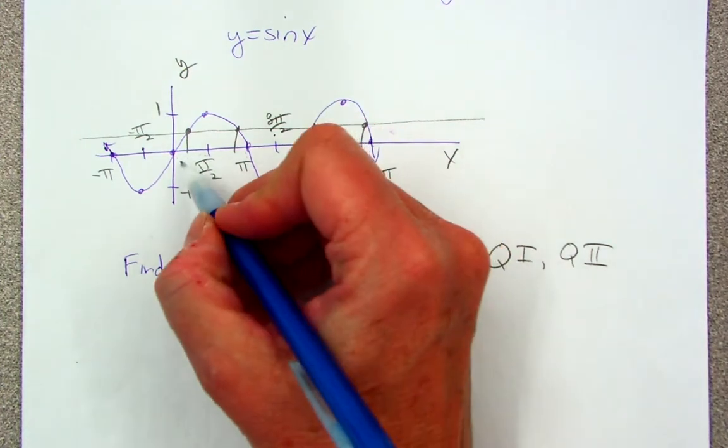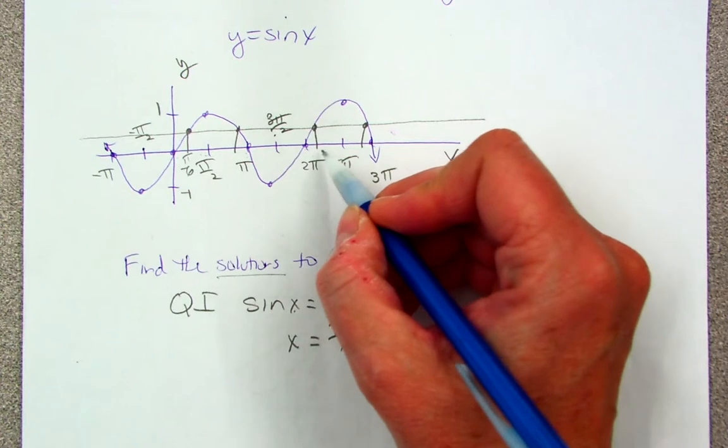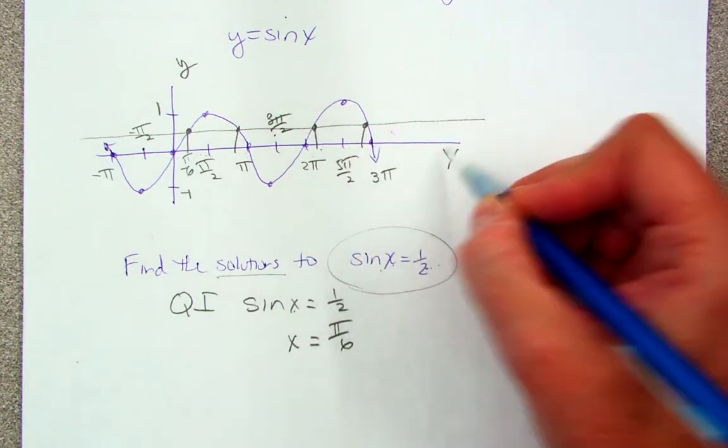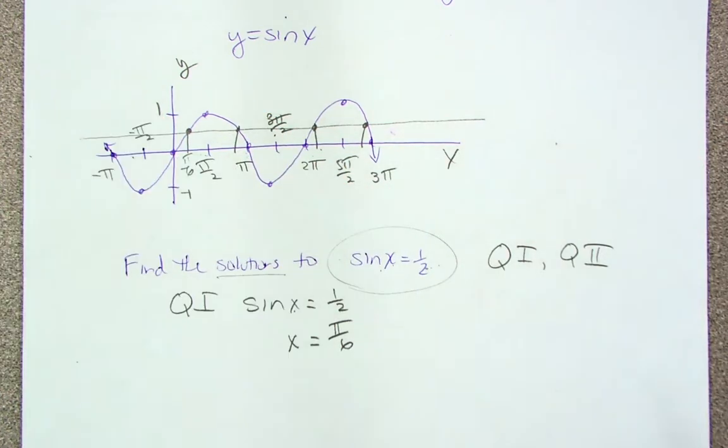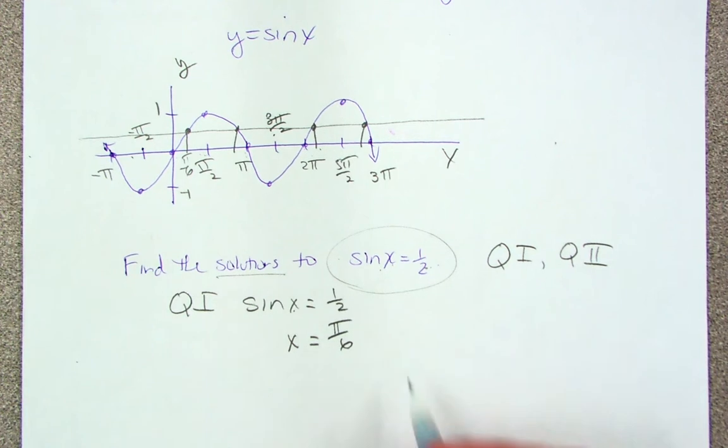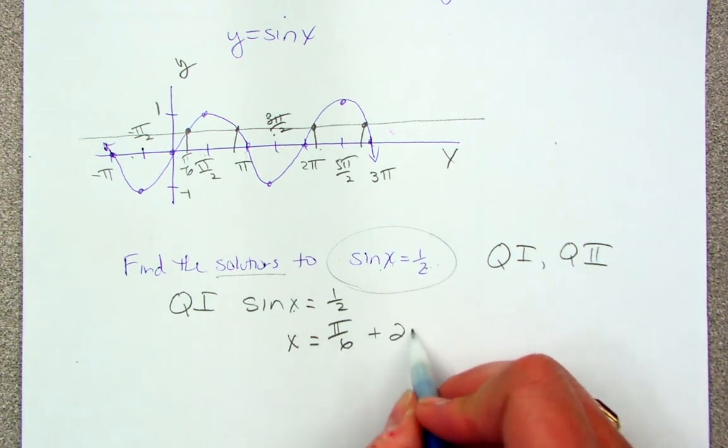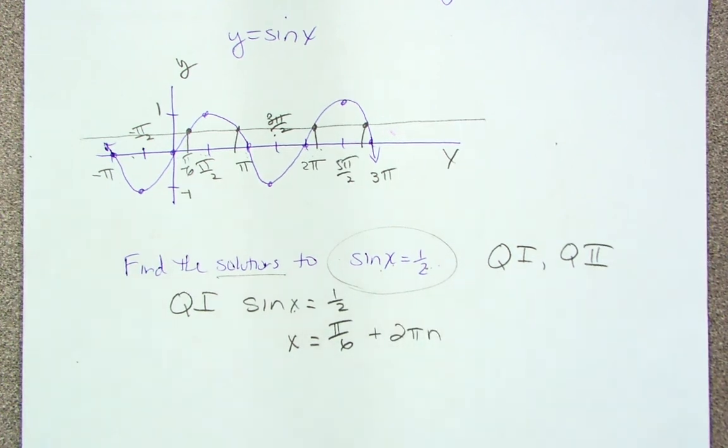So this is pi over 6, but it happens again, and again, and again. So it's pi over 6 plus every full rotation, right?